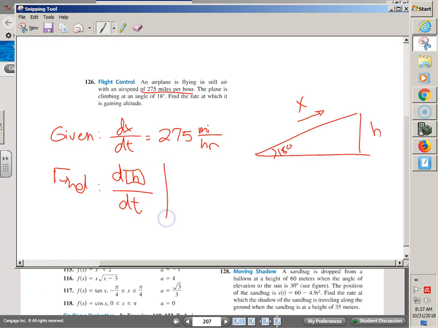Does it give me a such that? No. But what does it give me? A constant. What's the formula that relates opposite with hypotenuse?